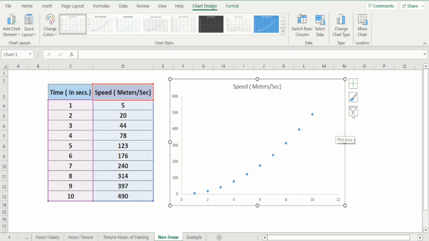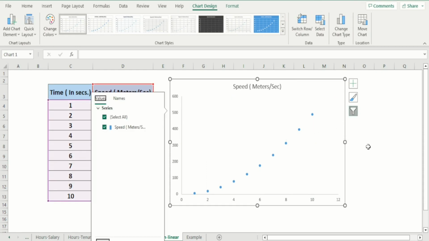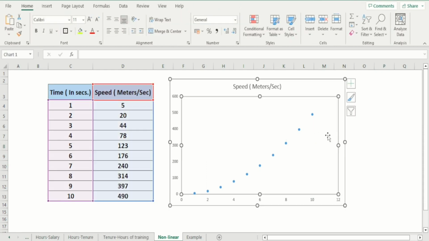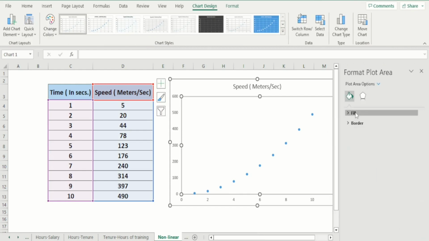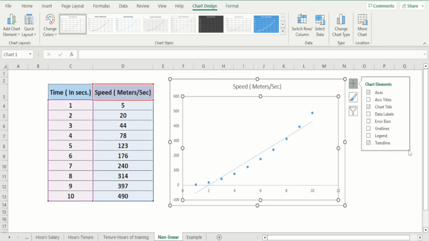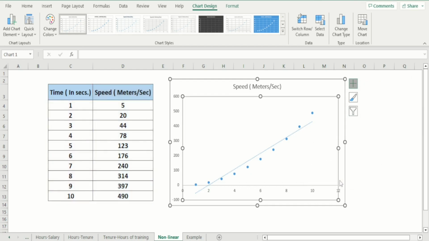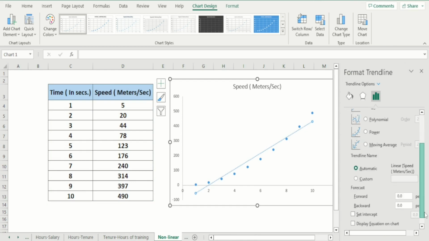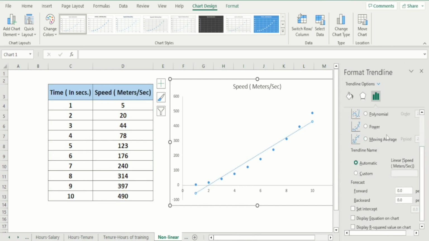And this time, when we go to trend lines, what we'll do is, instead of selecting the linear option, we are going to go ahead with selections of polynomial. So remember that a parabolic relationship or a relationship of order 2 can also be taken as polynomial.